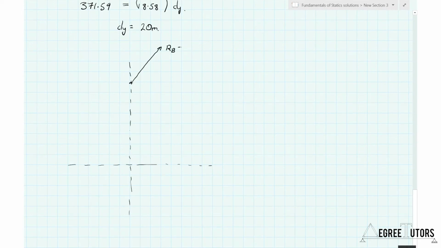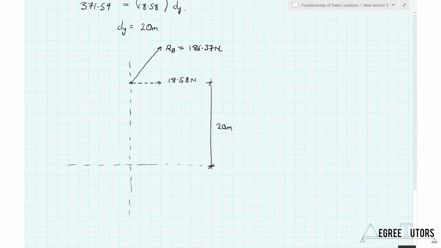RB equal to 186.37 newtons. That force has a horizontal component of 18.58, and it's that horizontal component that is acting at a lever arm distance of 20 meters that is generating the moment, so I no longer need to directly apply a moment to the origin.